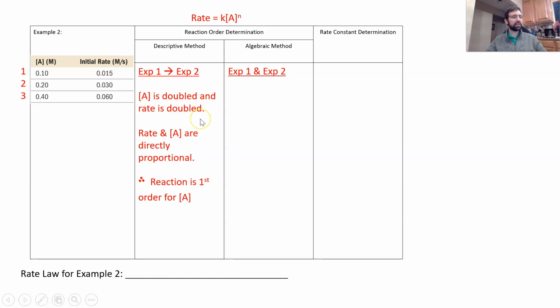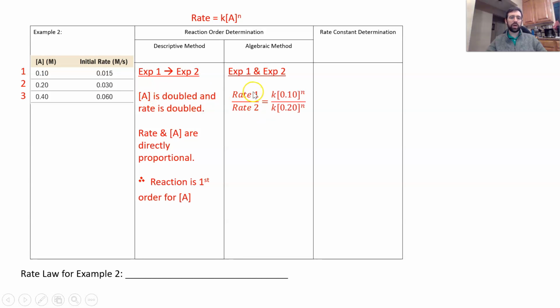Here's another way to get to the same answer if I wanted to use the algebraic method. I'm going to use this expression, rate equals k times A to the n, and I'm going to plug numbers in. But I'm going to compare the two different rates and the two different concentrations. I need to make a proportion, I need to make a ratio of the two.